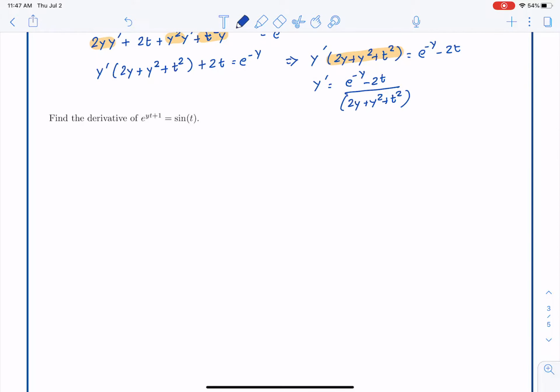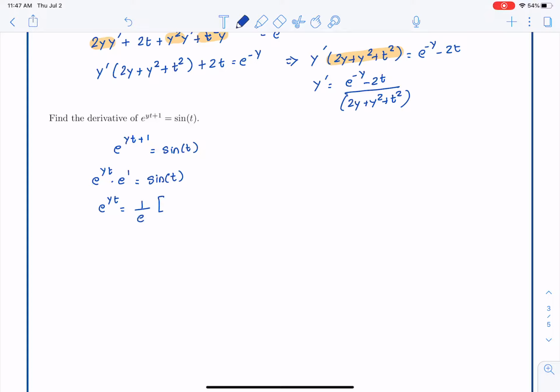So here we have a function, interesting one. We have to use chain rule and product rule. But before we do that, let's see if we can do an algebraic trick here. So the right hand side, I can write it as e raised yt times e raised 1 equals sine t. E raised 1 is a constant. So I'm going to divide by e on both sides.